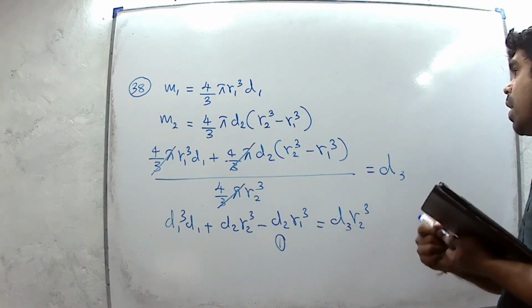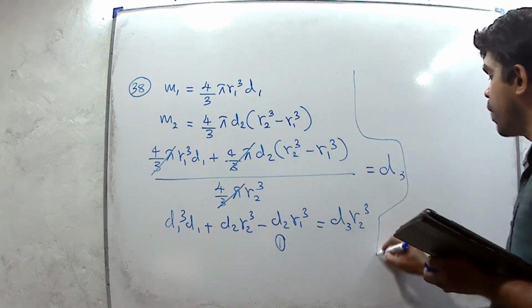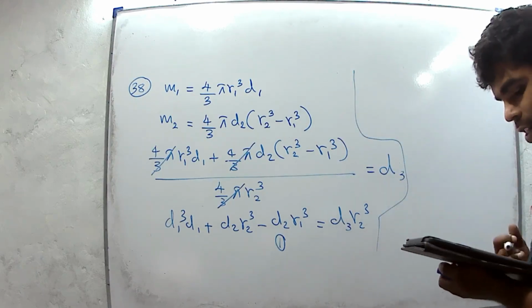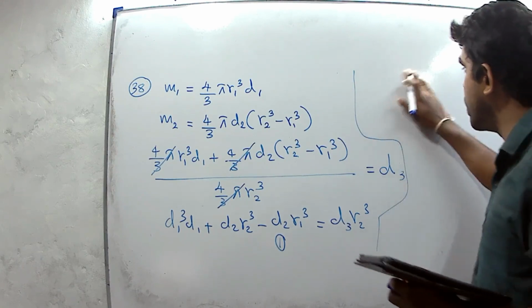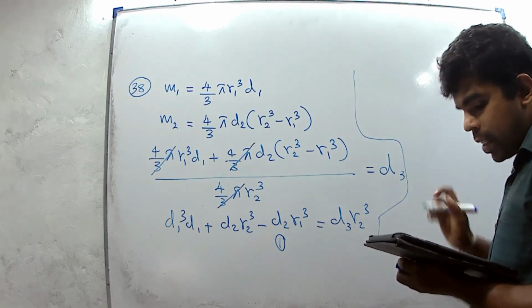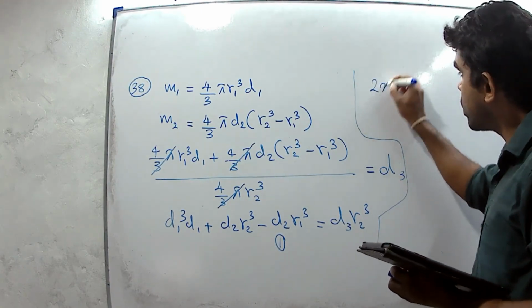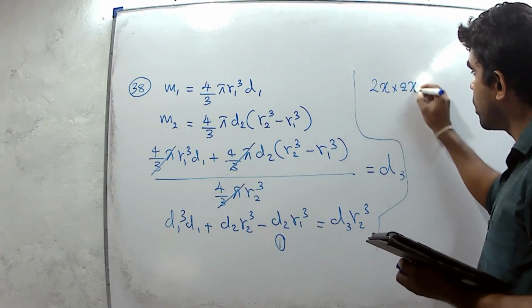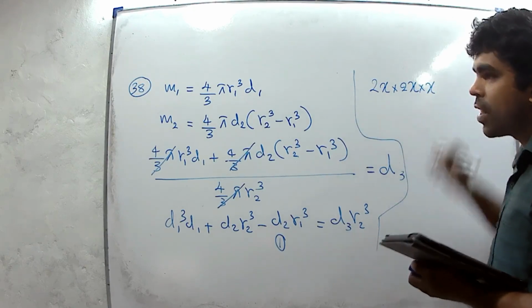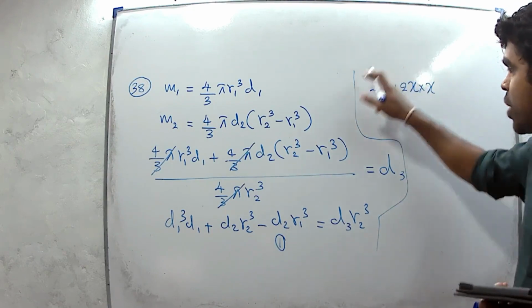Therefore, for the first, given situation, we can get the upthrust V rho g. The immersed volume is length 2x, breadth 2x, and immersed height x for the given situation. This is the immersed volume.